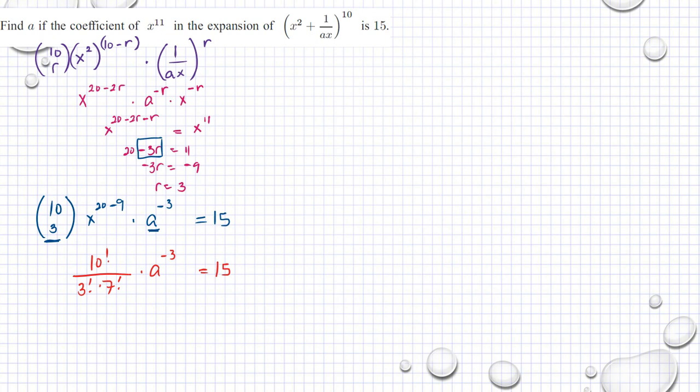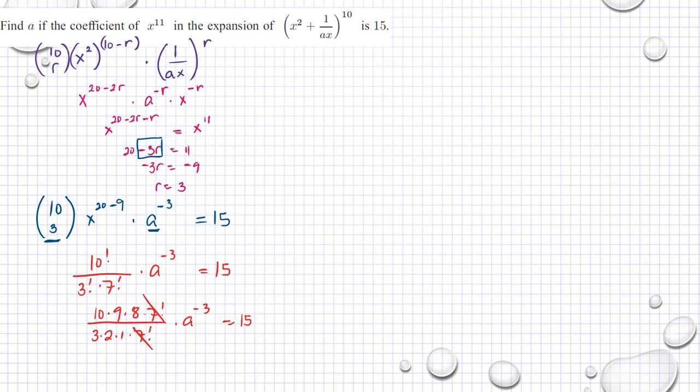Okay, then we have 10 multiplied by 9, 8, 7 factorial, divided by 3 multiplied by 2 multiplied by 1 multiplied by 7 factorial, multiplied by a raised to negative 3 is equal to 15.